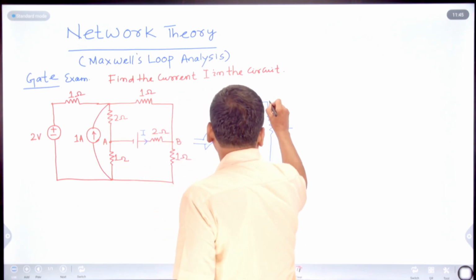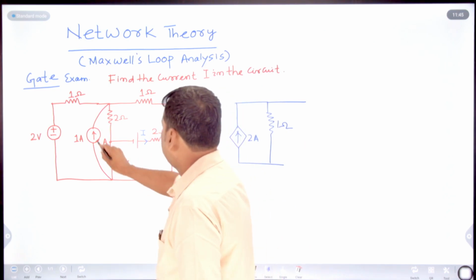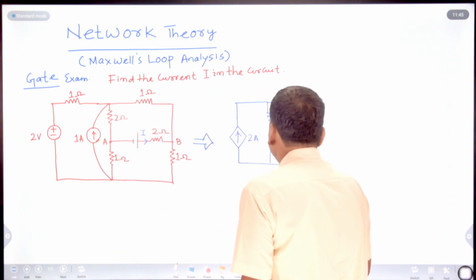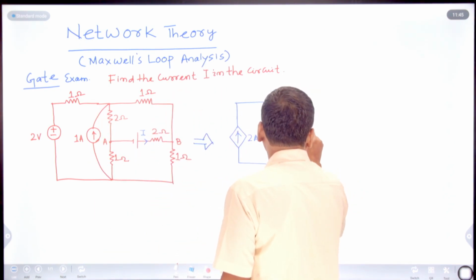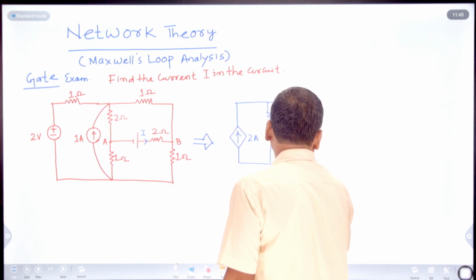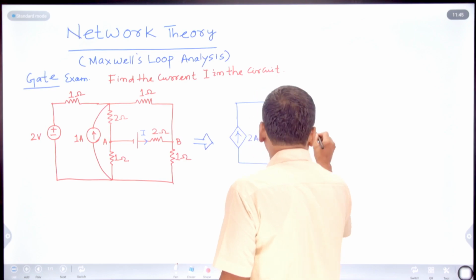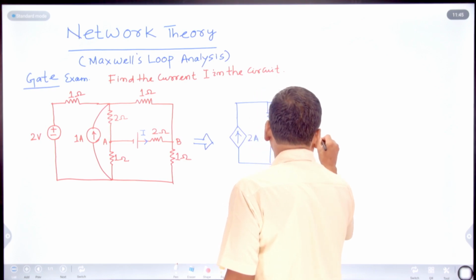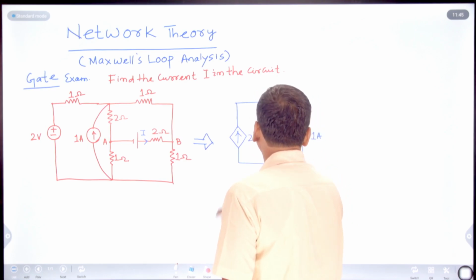And here also this is 1 ohm. This is nothing but the current source 1 ampere.